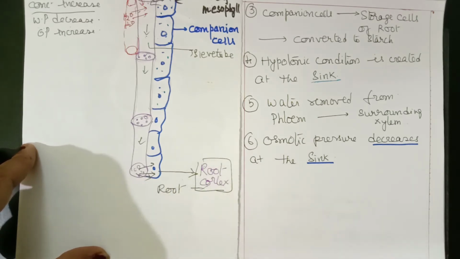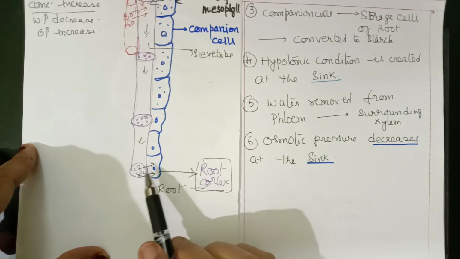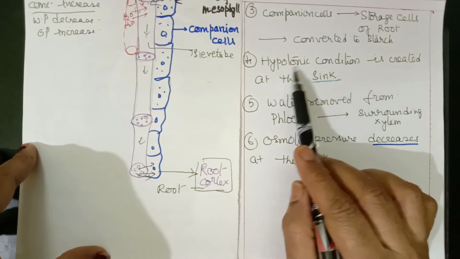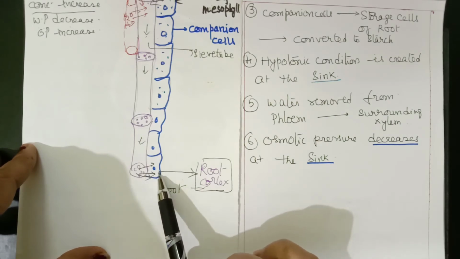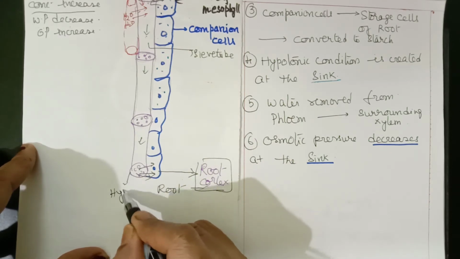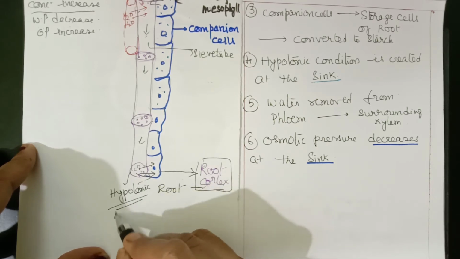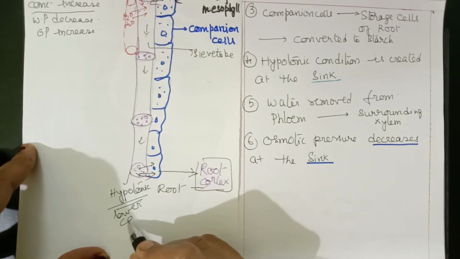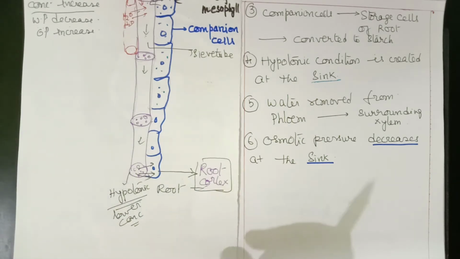Because food material is removed from the sink, that is from the sieve tubes to the companion cells, a hypotonic condition is created at the sink. Hypotonic means lower concentration. Here at the source we find higher concentration, and here we find lower concentration.